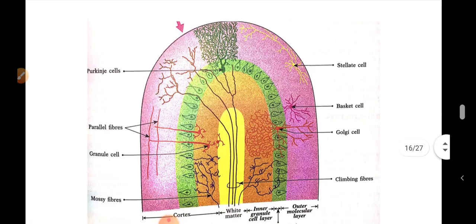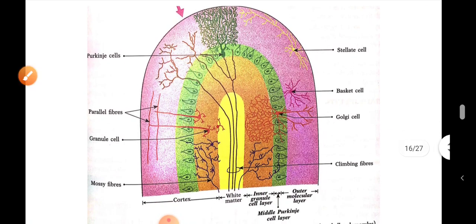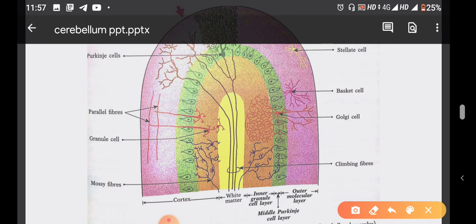So, in the diagram you can see this outer is the molecular layer, it is more superficial. Then there is a middle Purkinje cell layer, which consists of Purkinje cells in a single row, and inside that there is an inner granular layer.